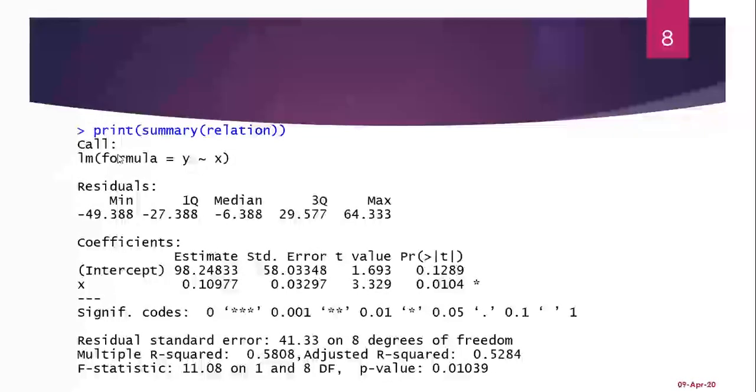Now if we print the summary of this relation, we will find the formula y dependent on x that we have used, and the other summary is residuals, with the quartile levels: first quartile, third quartile, the median known as the second quartile, and the minimum.